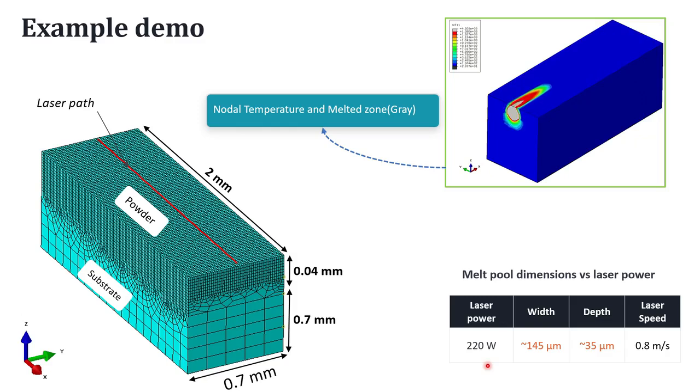For these settings, the model predicts a melt pool width of about 145 microns and a depth of about 35 microns. Here you can see the nodal temperature of the model. The gray region is the melted zone.